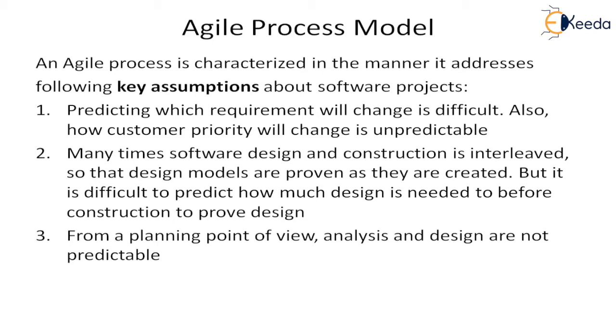So we have three assumptions here. The way they handle these assumptions in software projects will become the key differentiator between the different agile process models. So predicting which requirement will change is difficult. Also, how customer priority will change is unpredictable. So this is one kind of unpredictability about software projects, which the process model has to handle.